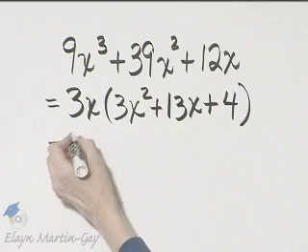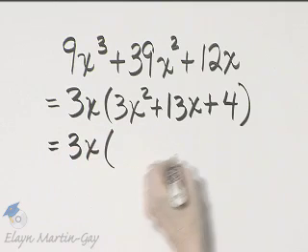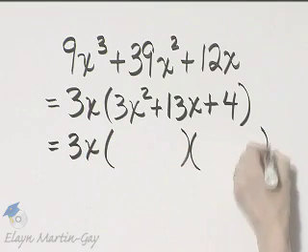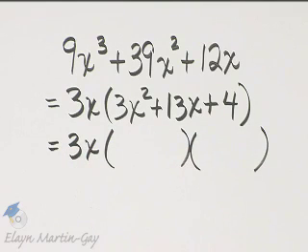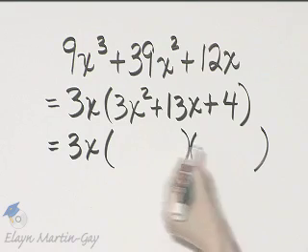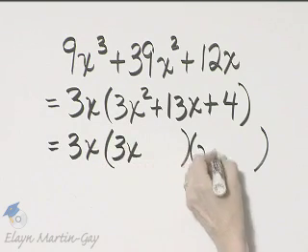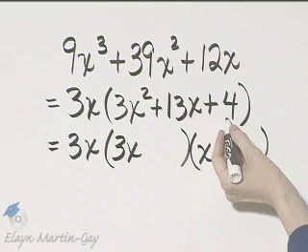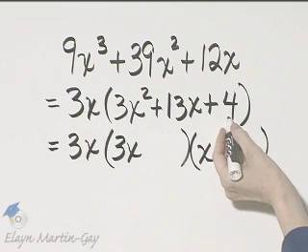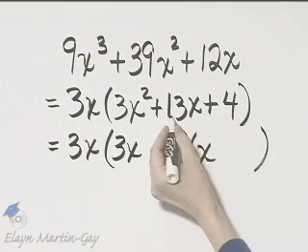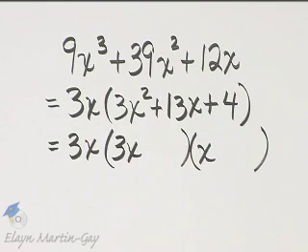And now I'll rewrite my 3x and I'll draw two sets of parentheses. I will be factoring by trial and error here. What times what will give me 3x squared? That's 3x and x. Now I'm looking for factors of positive 4 to try, and I want that middle term of 13x.